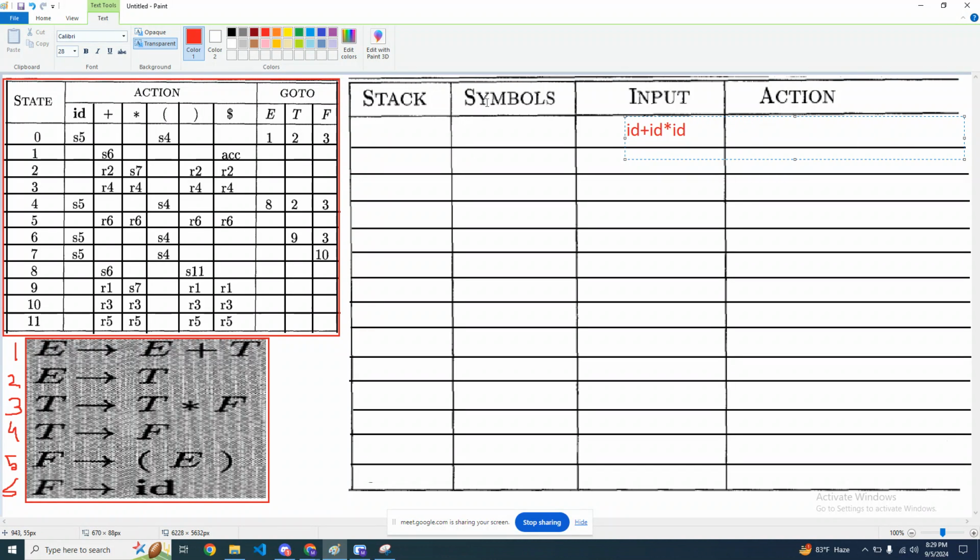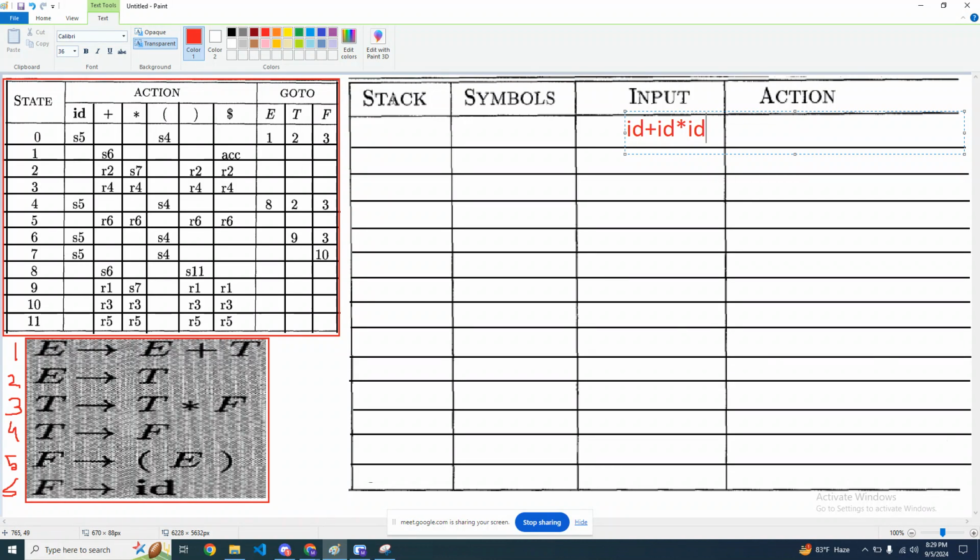So you'll be asked to evaluate if this input is parsable by this parse table. Okay. So what you need to do, you need to create a table like this.